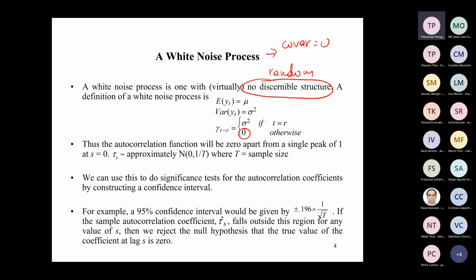What does 0 autocovariance mean? It means that what is happening in the past does not affect what is going on now. The past does not affect the current value.